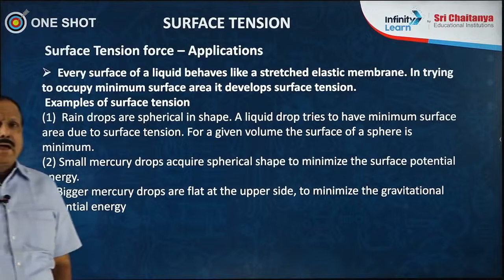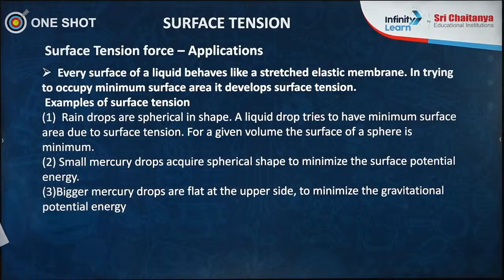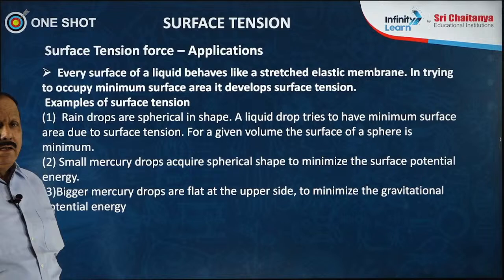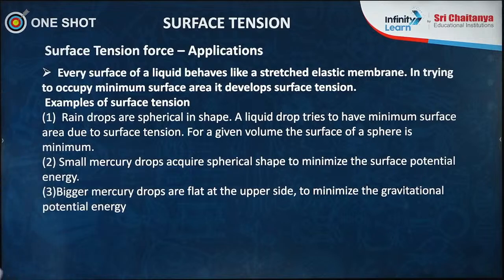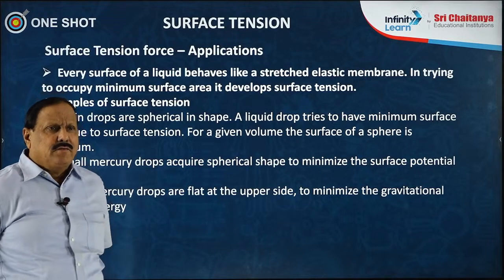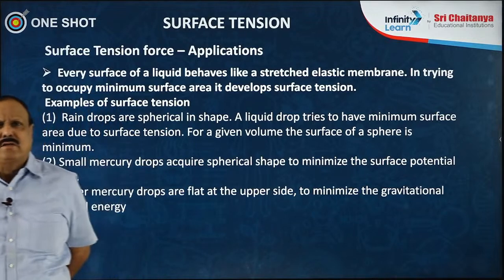If we consider an elastic membrane, simply a rubber cord, and we stretch it, then a kind of tension is developed in the rubber cord. Similar to that, even in the case of a liquid surface, a kind of tension is developed. That tension is called surface tension.